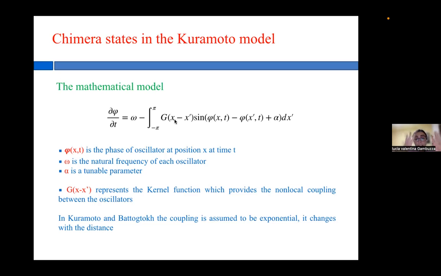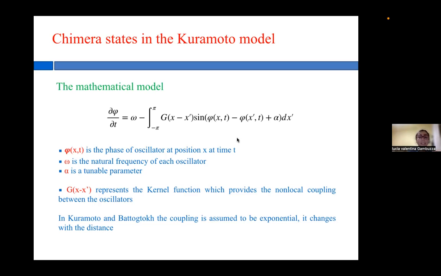In particular, in the first paper by Kuramoto and Battogtokh, the kernel function was chosen to be exponential. So each node is connected to other units in the network depending on the distance.